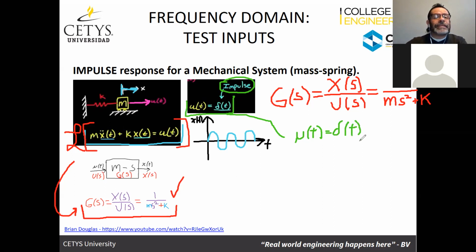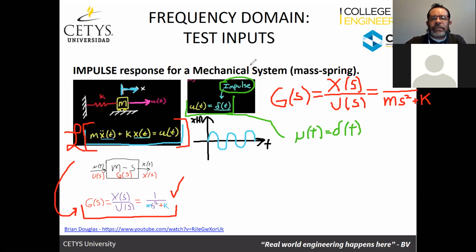By the way, the Dirac delta is a mathematical model that's already predefined. If I want to represent an impulse, the function that represents an impulse is the Dirac delta, which is this function here.